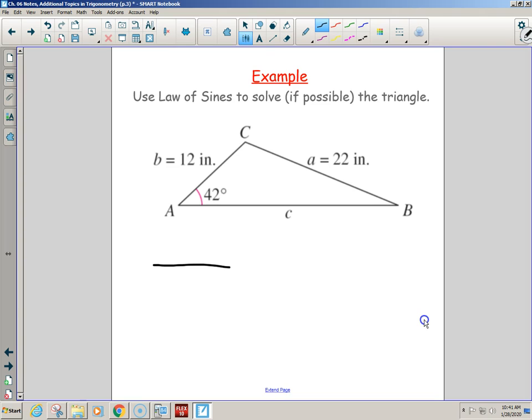Okay, what did you guys put up first? Has to be sine of b because? Over. Wait, it's over 12, right? Because we need b to go with b, and we can't do anything with c because we know nothing about c.